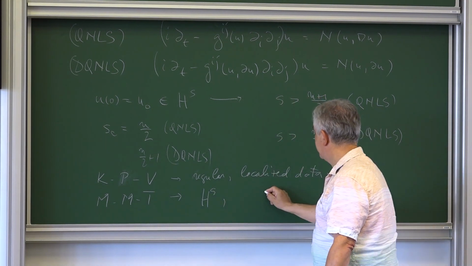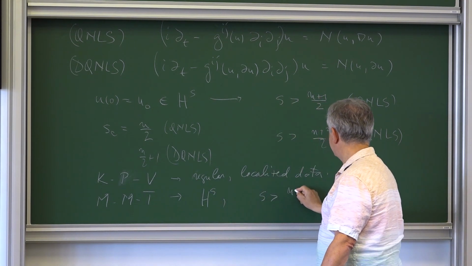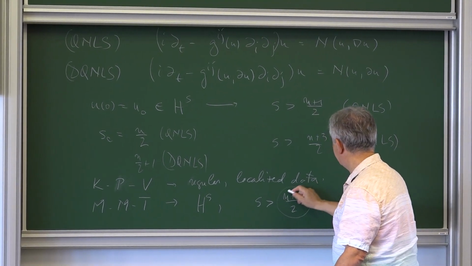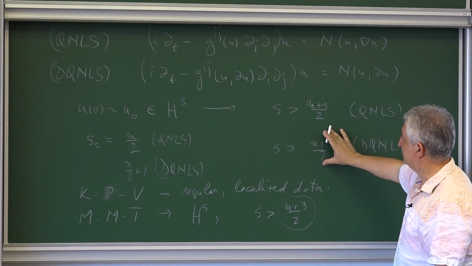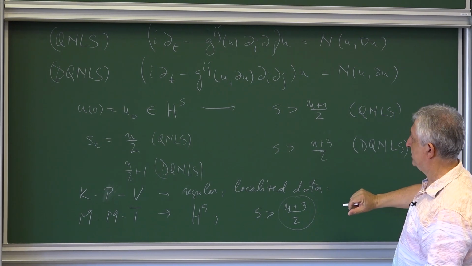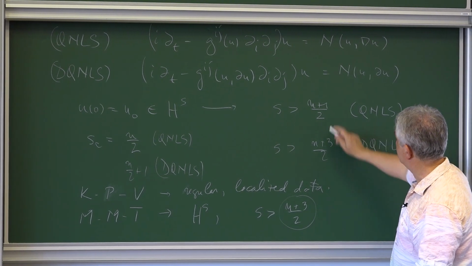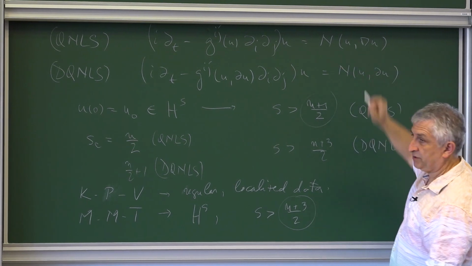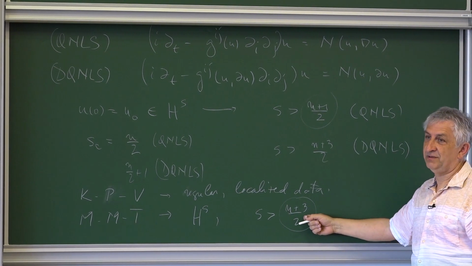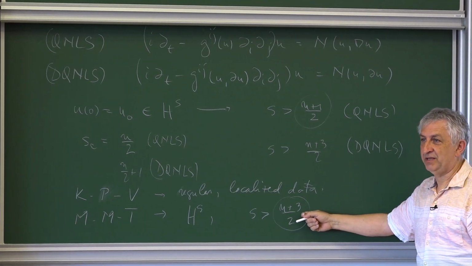But our threshold was s greater than n plus 3 over 2. You should compare this n plus 3 over 2 not with this one, because this is for DQNLS. You should compare that with this one, which is in the theorem upstairs. So our new result improves our earlier result by a full derivative.